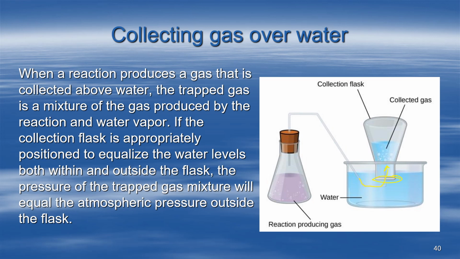And then as the gas comes in, it displaces the water. And so this is the gas that's being collected. But what's happening is some of the water is turning into vapor. So inside here is actually the gas we're trying to collect, and then a little bit of water vapor as well, which is fine.